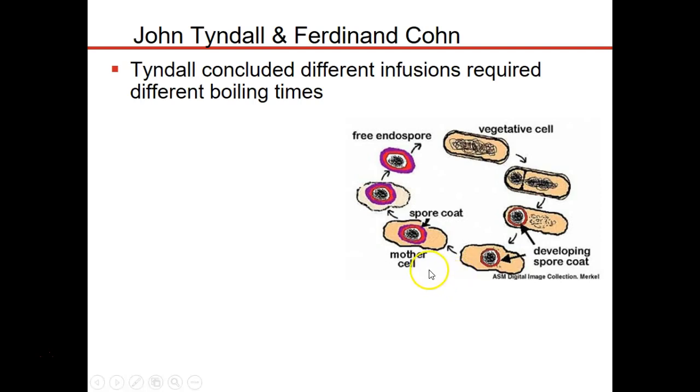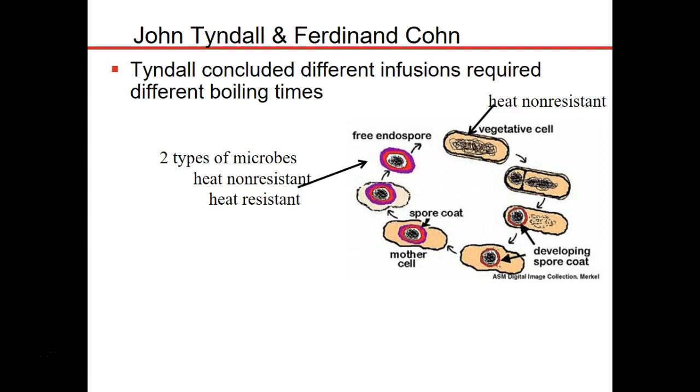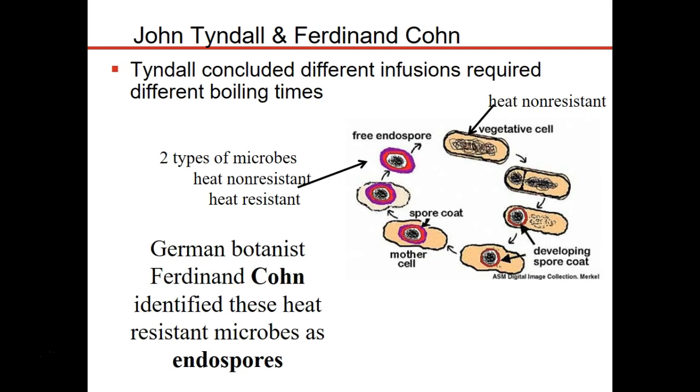And so he found that basically there were two different types of organisms, heat-resistant organisms, which are the endospores, and non-heat resistant organisms, which are the vegetative cells. And the non-heat resistant organisms die when you boil the infusions. The endospores survive. And it was Cohn who actually identified the heat-resistant microbes as endospores.